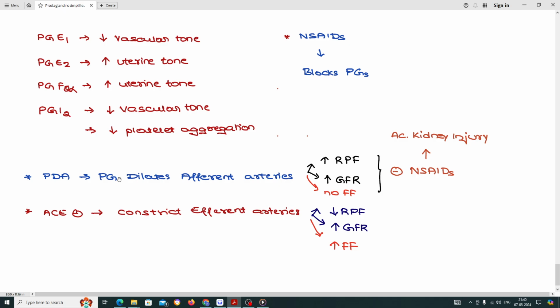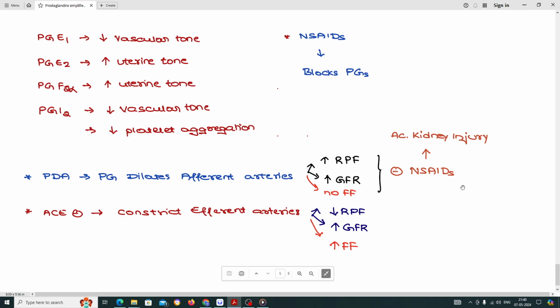Prostaglandin dilates the afferent arterioles, thereby increasing the renal plasma flow and the GFR, with no change in the filtration fraction. If this function is inhibited by non-steroidal anti-inflammatory agents, it reduces the renal plasma flow and the GFR, leading to acute kidney injury.